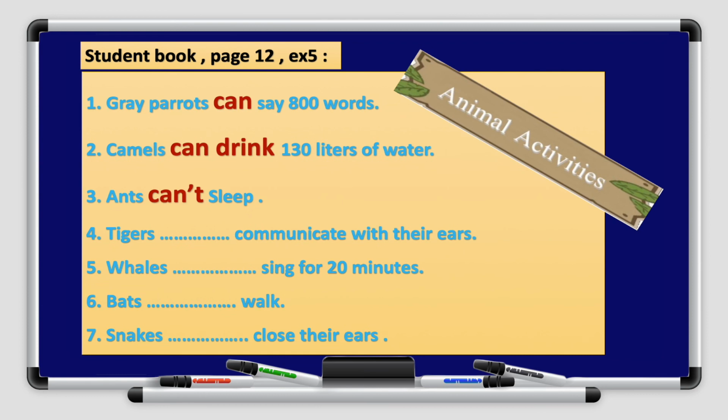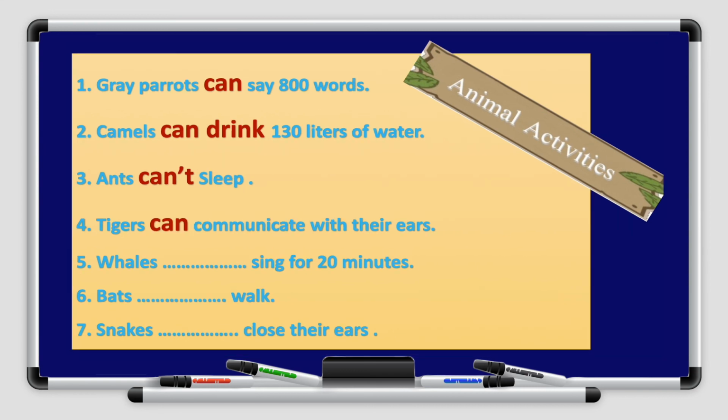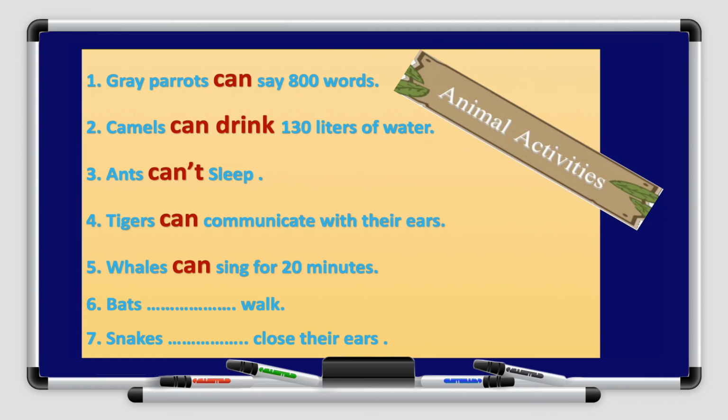What about number 4? What do you think? Tigers can or cannot communicate with their ears? Yes, excellent. Tigers can communicate with their ears. Number 5. Whales can sing for 20 minutes.